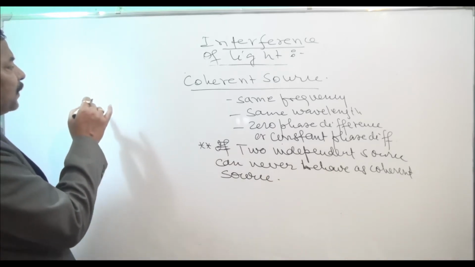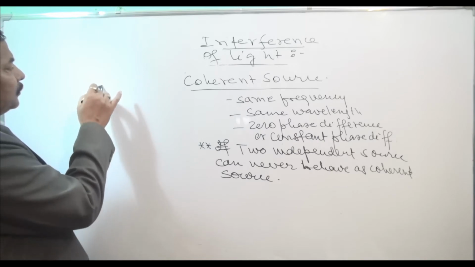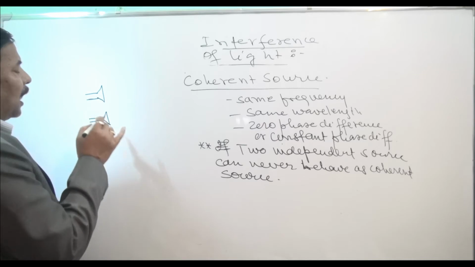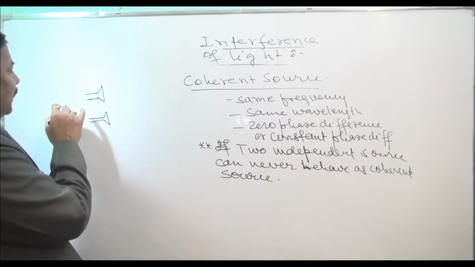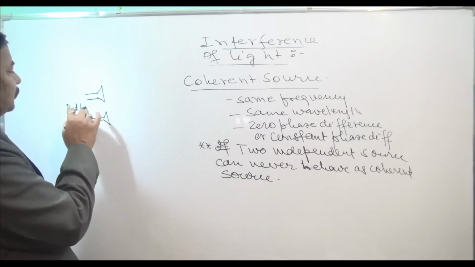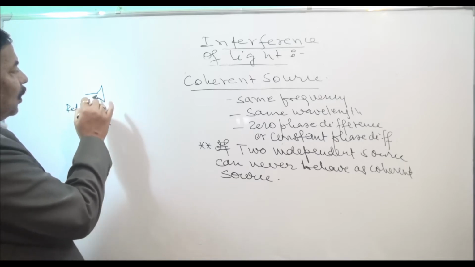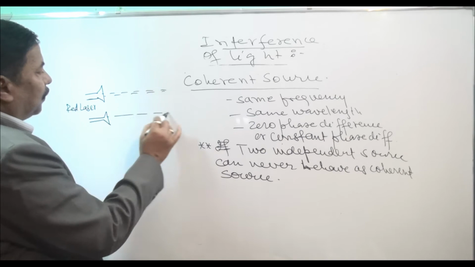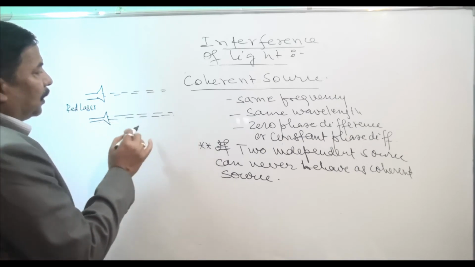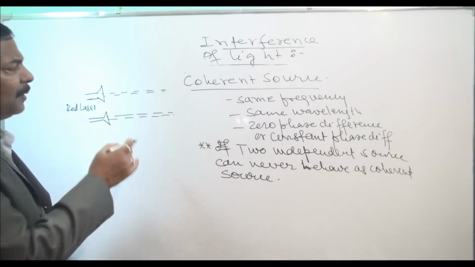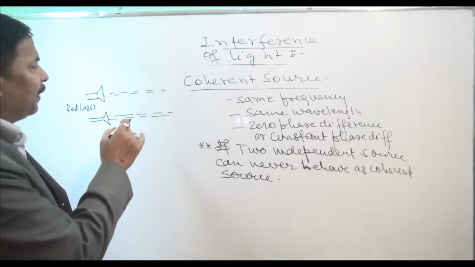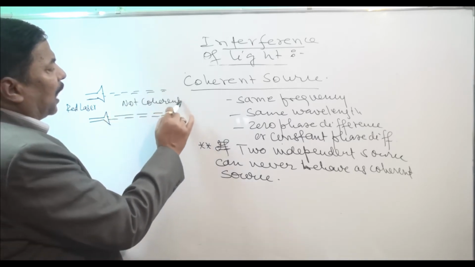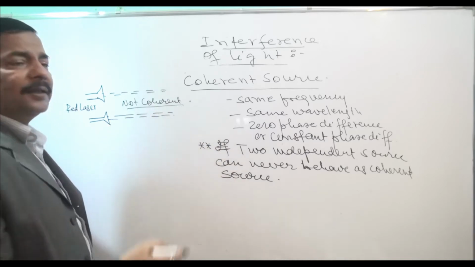For example, I am taking two lasers, red lasers. Even though these are emitting light of the same frequency, same wavelength, these are not coherent. And when they are not coherent, you cannot get interference.